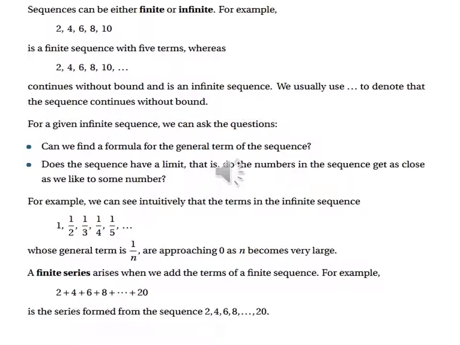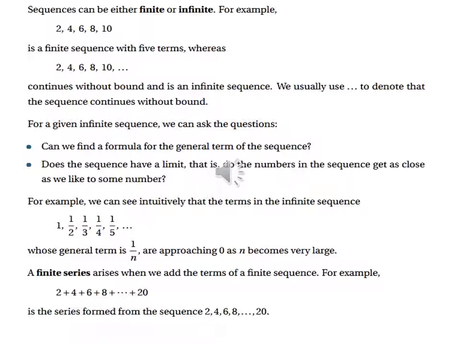An infinite series is the formal sum of the terms of an infinite sequence. For example, 1 plus 3 plus 5 plus 7 plus 9 plus ... This is called an infinite series. An infinite series consists of an infinite sequence.